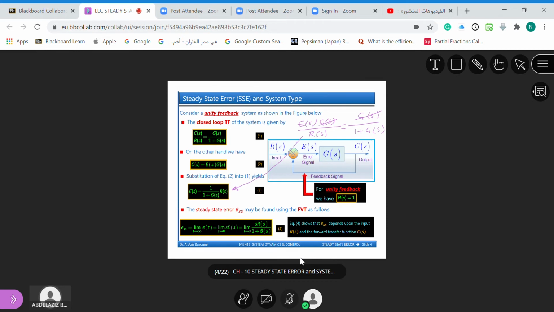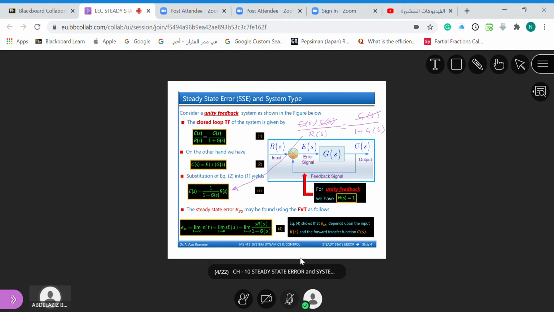Now, the steady state error, ESS, will be simply found by using the final value theorem in time domain. You remember, we were saying ESS will be the limit when t goes to infinity of e of t.